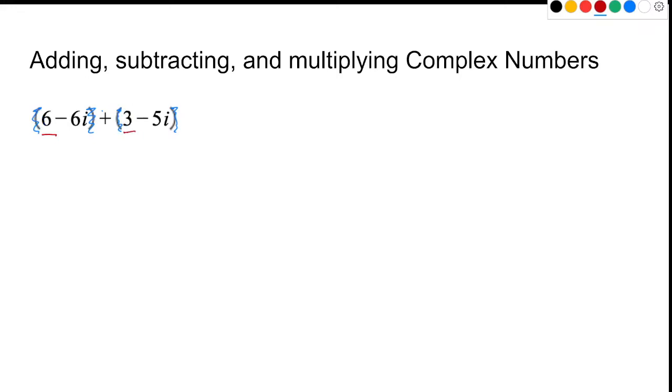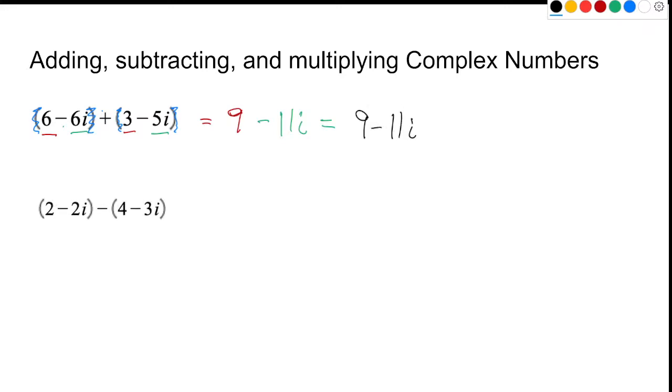We've got 6 and 3, both positive, so we get 9. The other like terms are the terms with i, so treat the i like it was a variable, although it's not a variable. Remember, it is a number that when we square it gives us -1, but we treat it that way. So we've got -6i and -5i. That's going to give us -11i, for the complex number 9 minus 11i.